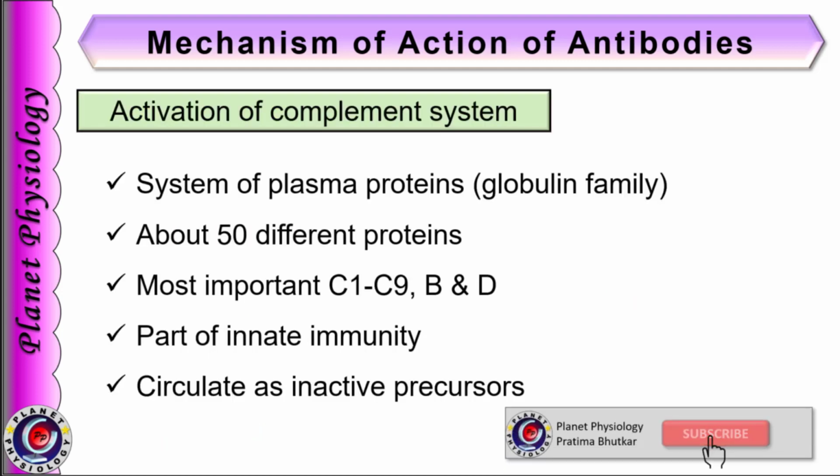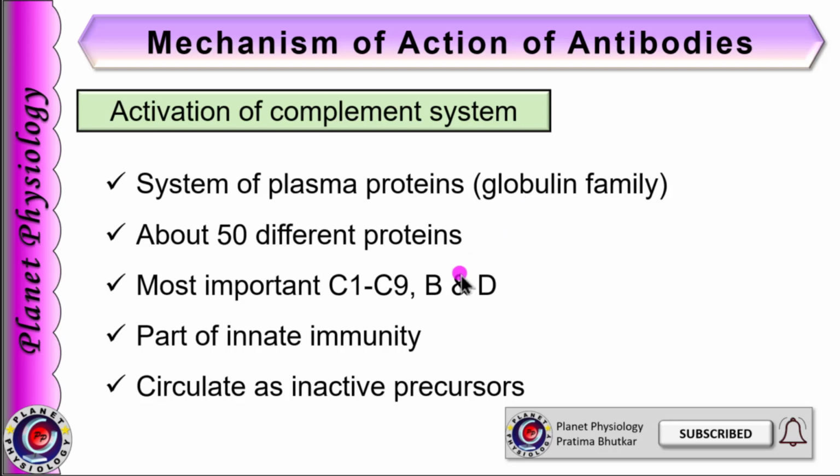Now let us study the indirect mechanism of antigen destruction by the antibodies, that is, by activation of complement system. Complement system consists of about 50 proteins in plasma belonging to the globulin family. These proteins complement the effect of antibodies to destroy the pathogens, and hence it is known as complement system.